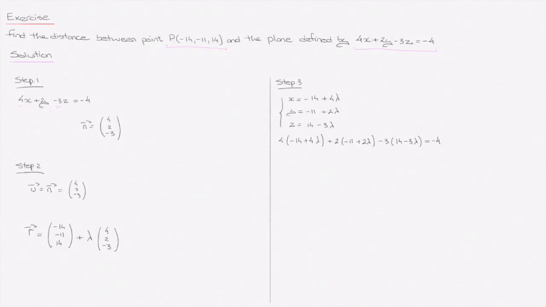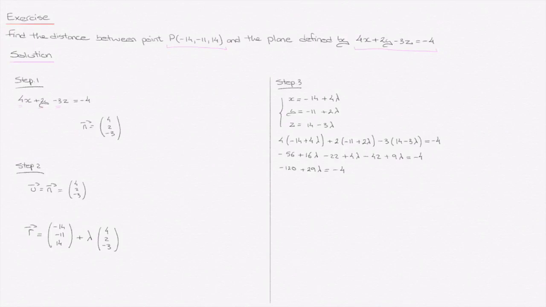We now expand and simplify in order to solve for lambda. Expanding, we find -56 plus 16 lambda minus 22 plus 4 lambda minus 42 plus 9 lambda equals -4. Gathering like terms, we find -120 plus 29 lambda equals -4.